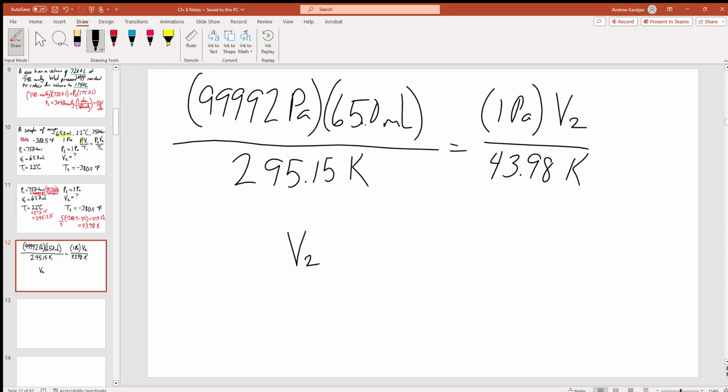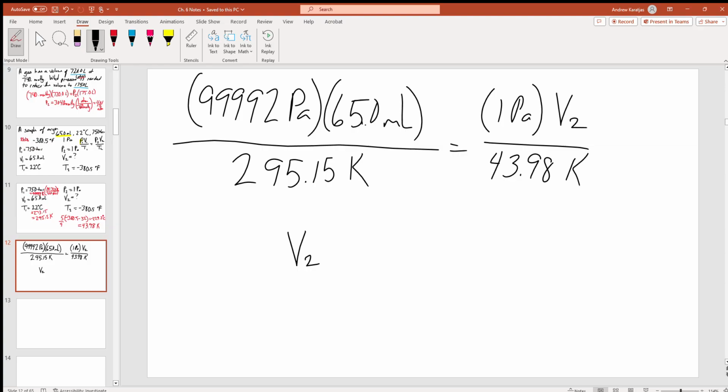And now we might be able to make a guess as to which direction the volume is going to go. There has been a definite decrease in temperature, but you can see it's only about 6 to 7 times, or 1/6 to 1/7 of the original temperature. Whereas the pressure has gone down by almost a factor of 100,000.